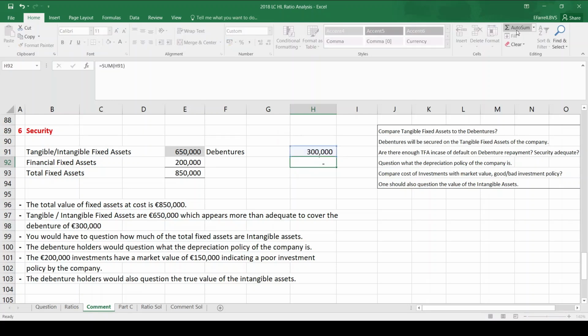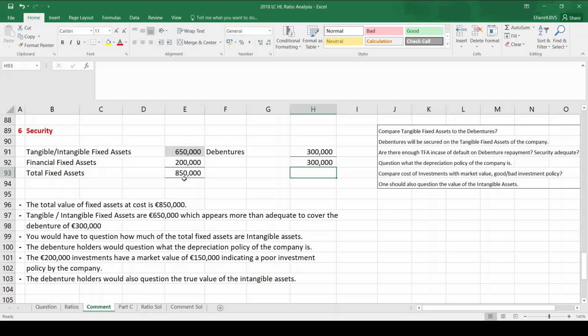So basically what we're looking at is, if the company cannot pay back the loan, do they have enough assets that the debenture holders can take instead of the loan, which it looks like they have here at the moment. If the debentures were 300,000 and they had only 100,000 in assets, then if they defaulted on the loan, there wouldn't be enough assets to cover it. So the total value of fixed assets at cost is 850.